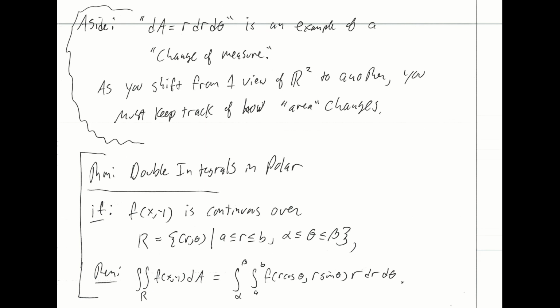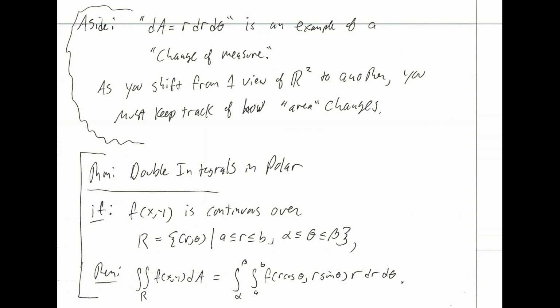And as you change your perspective on how you divide up space and how you measure it, you have to keep straight how the idea of area changes. So the way that you measure space can depend on the way that that space is viewed in some sense. In Cartesian coordinates, the way that each little unit area is measured was always delta x times delta y. But in polar coordinates, the way that each little unit of area is measured actually depends on how far from the origin you are.